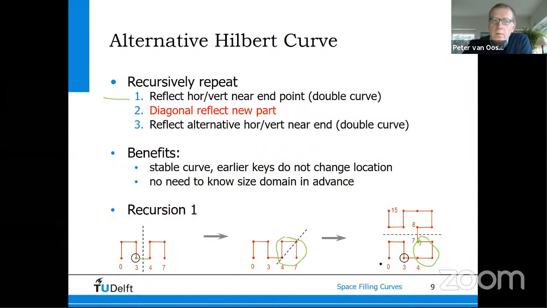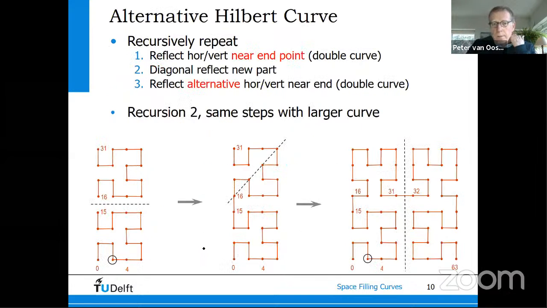And then you have one recursion added. Look now, this point over here has number 3. So x is 1 and y is 0. This point is now number 3. And here it is also number 3, like it was over here. And that can be done many times.